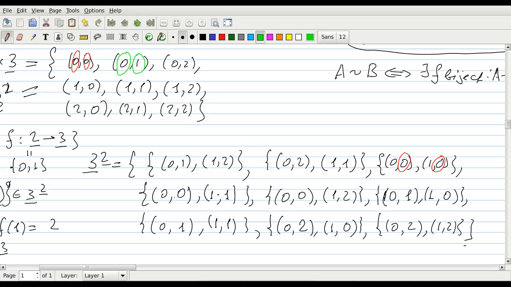Where is it? It is downwards, the lower left corner. Okay, 0, 2, this pair. This one. So 0, no, not this one. Why not? This one. Why? What is the principle?